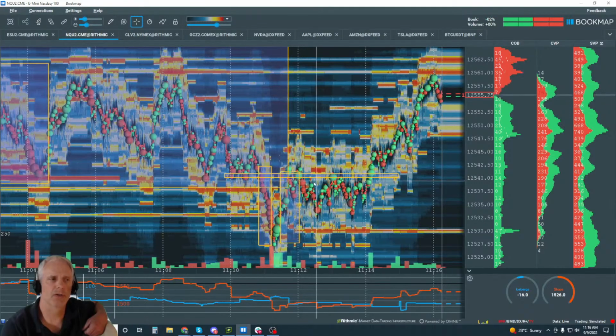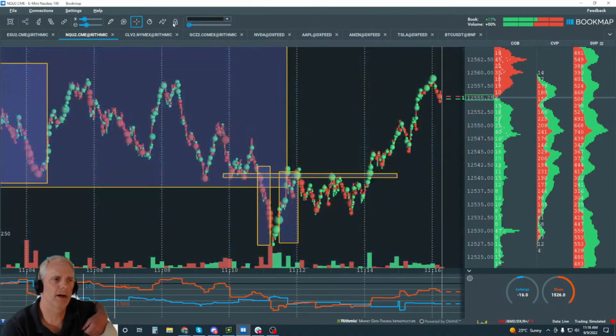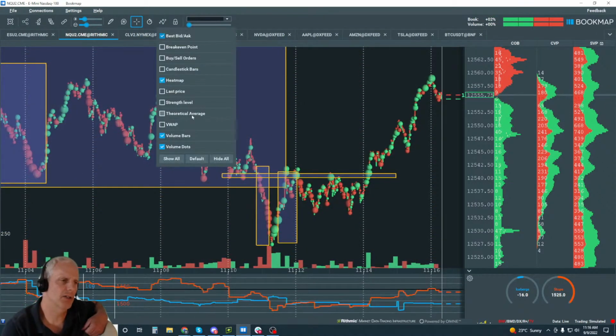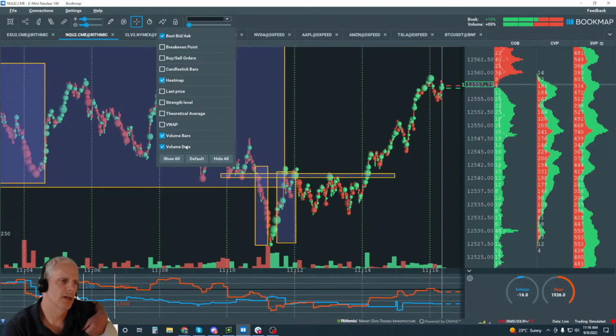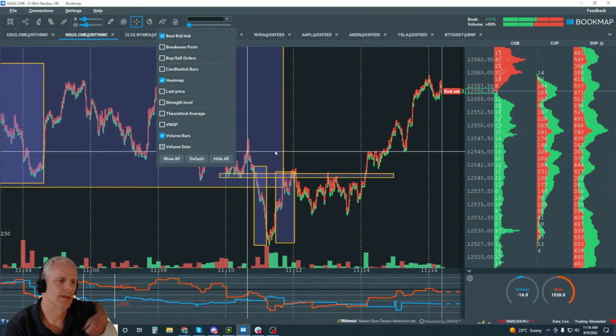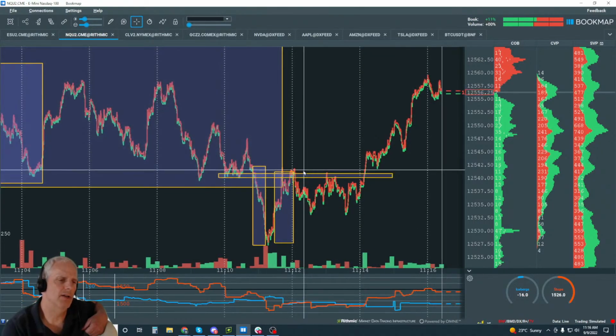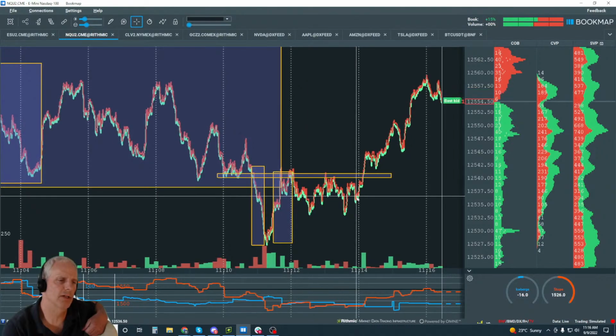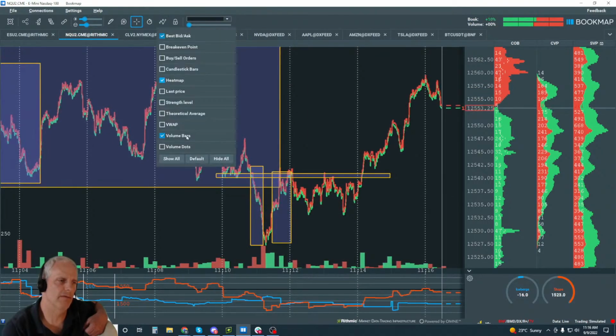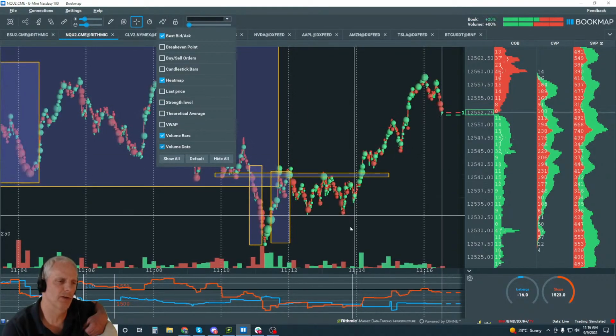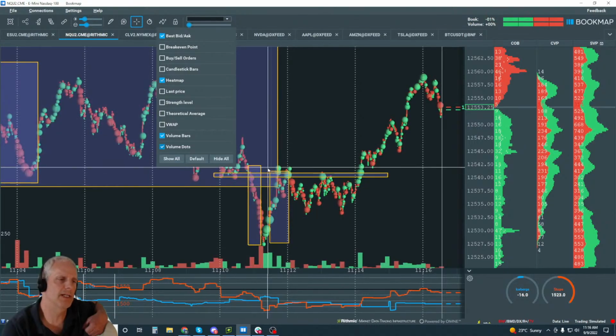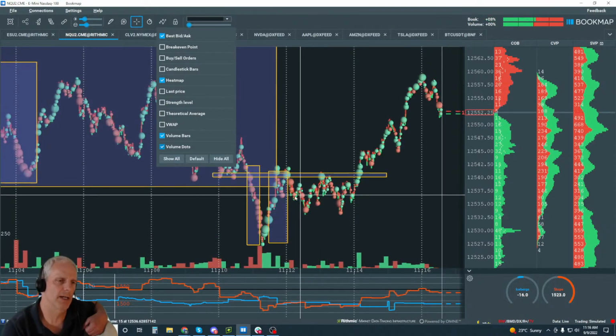And you can look at the structure in here. We can take all of this off of the chart and just look at structure, right? And understand, okay, so we know the structure in here. Now let's look at the context of the buyers or sellers within the structure. And that's where we really get some insight, is that context.